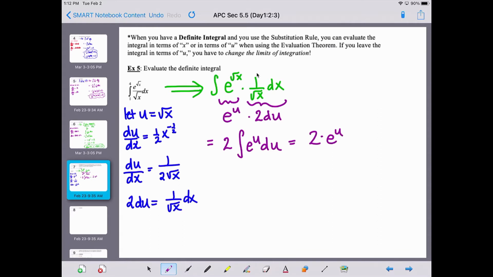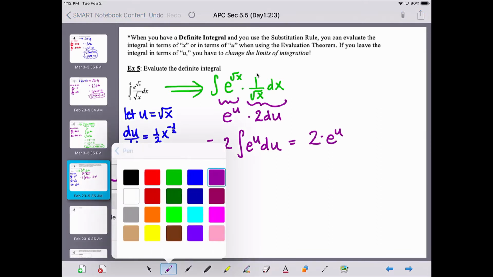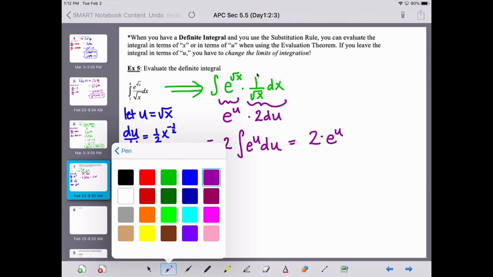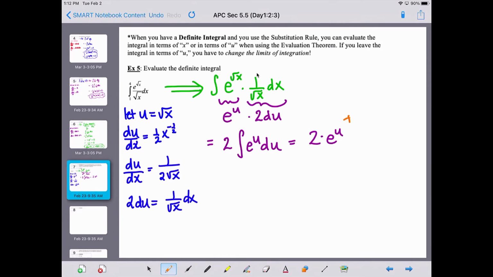But again, now we have to evaluate this based on our limits of integration. So here's where this problem gets more complicated, because it's a definite integral. So let's make a little note here. Now we need to evaluate based on the limits of integration.